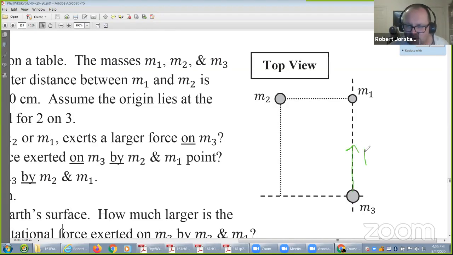So that's the force vector of 1 on 3. I think most of you have no trouble with that. And then this other one is going to be attracted to it. So that's the force of 2 on 3.